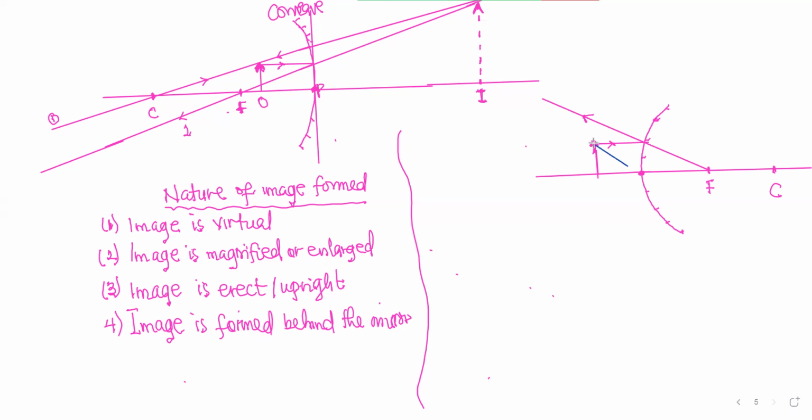The rays always must come from the object. So a ray from the object hitting the pole of the mirror must reflect at the same axis or symmetry. So this angle here must be the same as that angle where the reflected ray would come from.